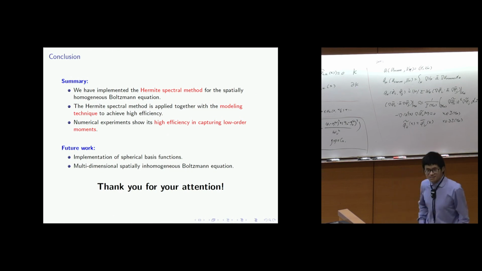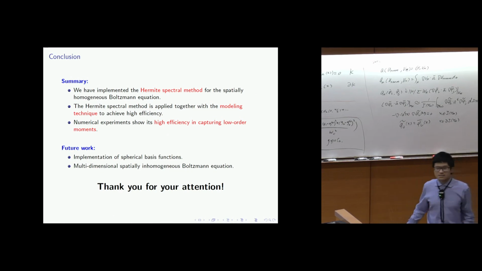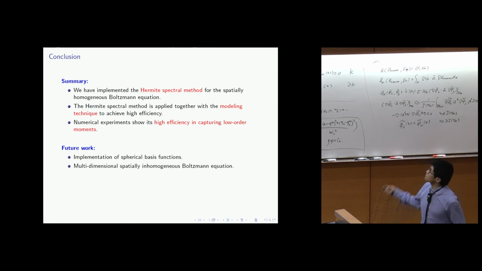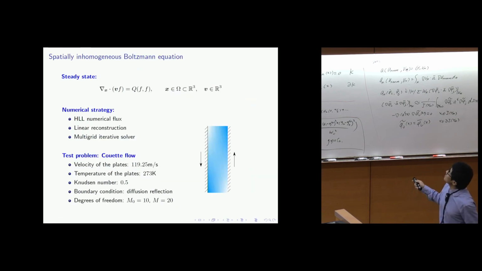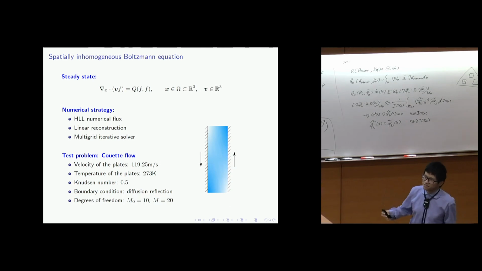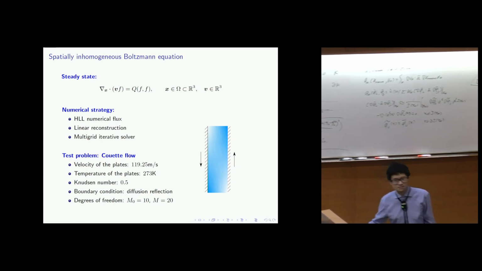What I want to say is that for almost all examples, if the gas is really rarefied, for example, in this case, you see that the Knudsen number is 0.5. When this number is larger, then the gas is more rarefied. If this number is greater than something like 0.1, BGK always has significant difference from the real results.